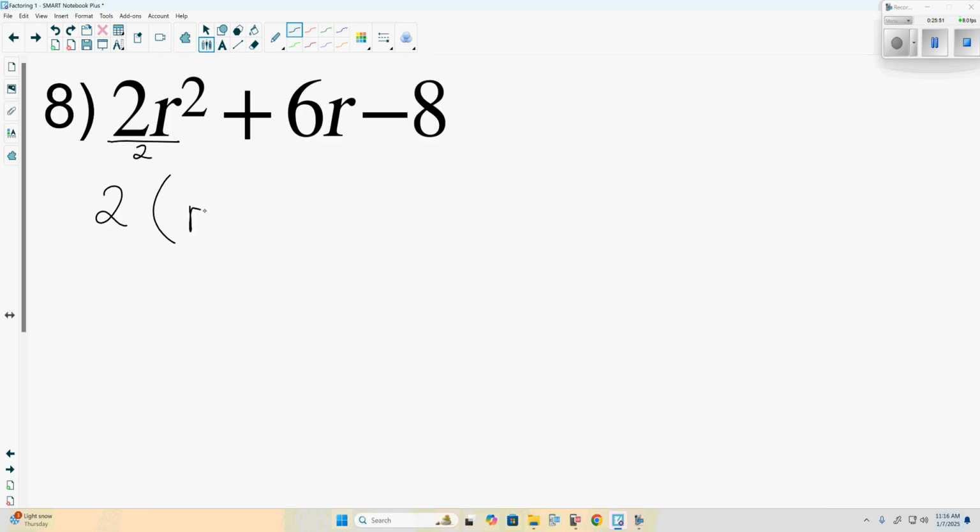It reduces it to r squared. Plus, if we factor 2 out of 6r, we divide it by 2, we have 3r. And if we factor the 2 out of the 8, it goes from negative 8 to negative 4.